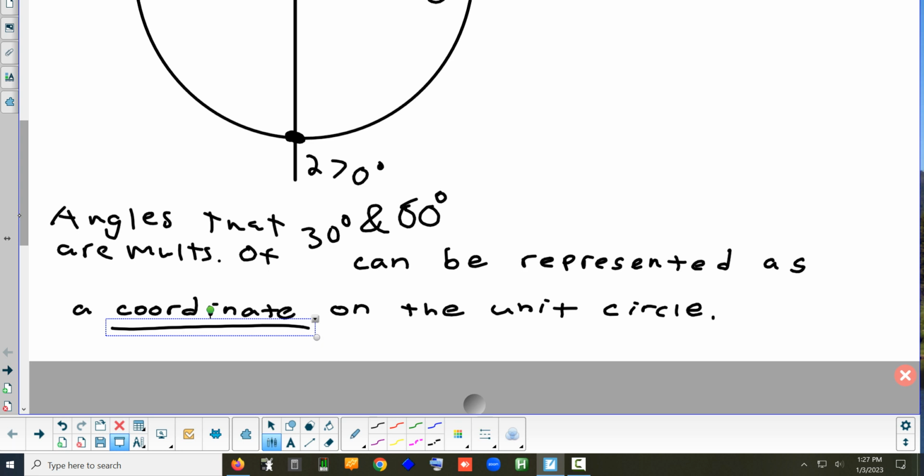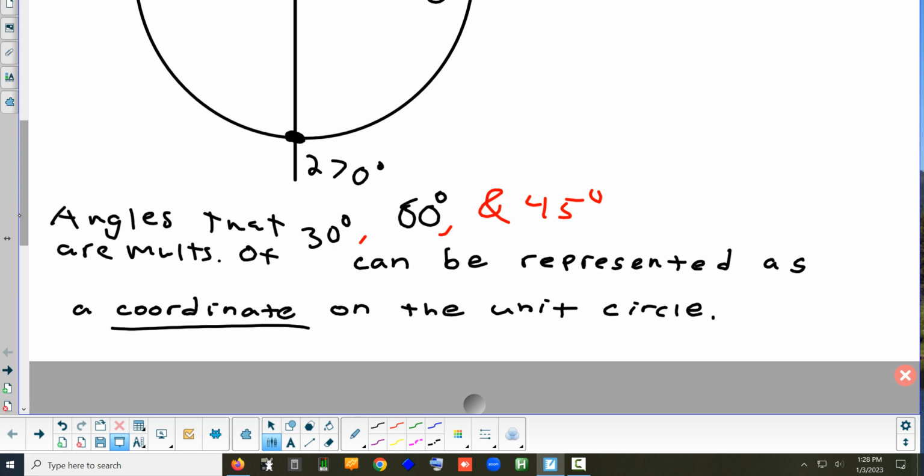So we're going to be looking at angles like 30. Actually, let me add something to that: 30, 60, and 45. As long as it's a multiple of 30, 60, or 45. Multiples of 30 would be numbers like 30, 60, 90, 120, 150, 180, 210.